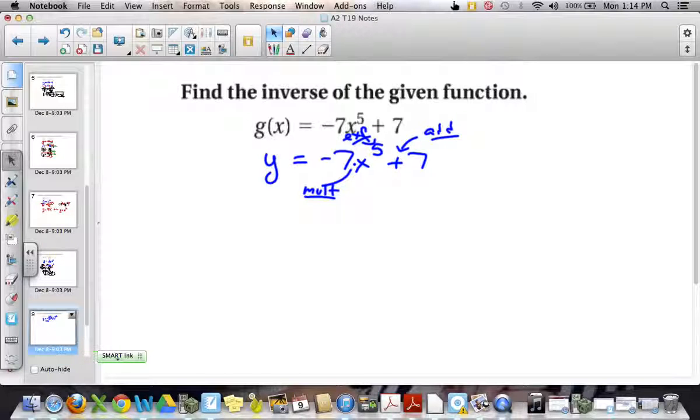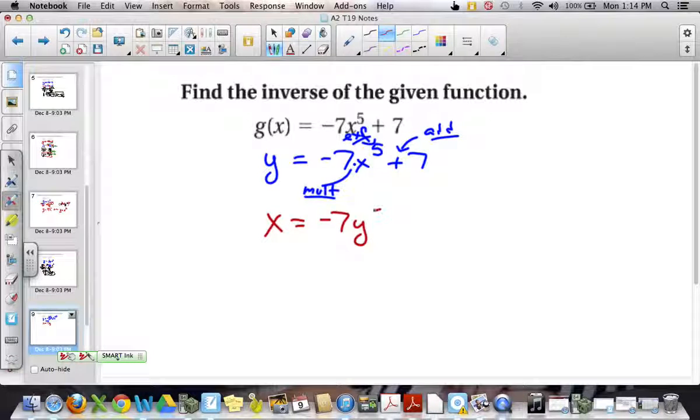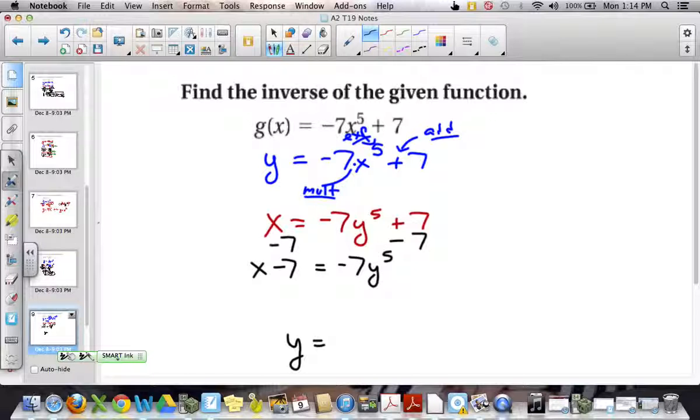So if I first switch my x and y, it's going to be x equals negative 7y to the fifth plus 7. And then now I want to get this to a y equals equation. So I'm going to undo the plus 7. So get x minus 7 equals negative 7y to the fifth. Then I want to divide by negative 7.